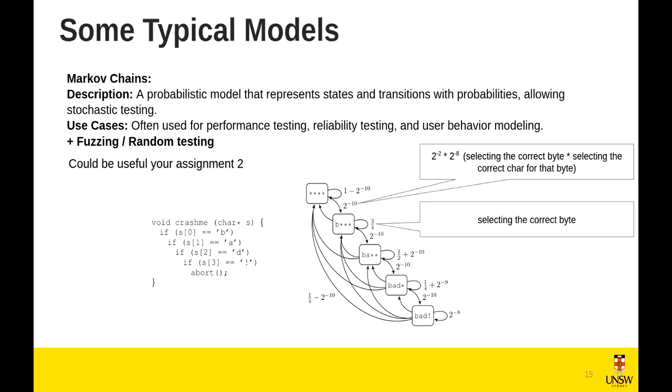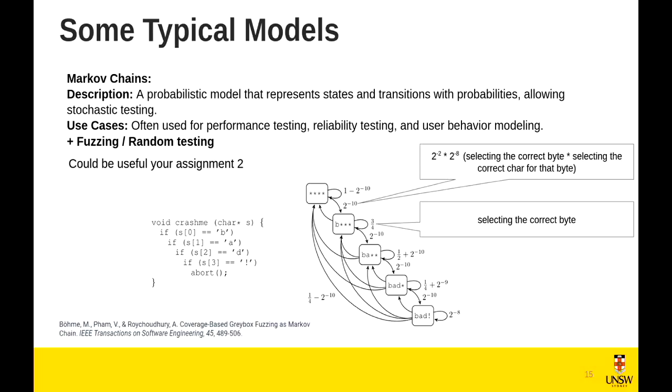This could be used to capture the behavior of programs during random testing. It is effective for fuzz testing or random testing, and it could be useful for your assignment too, because some of the advanced algorithms are developed based on this model.